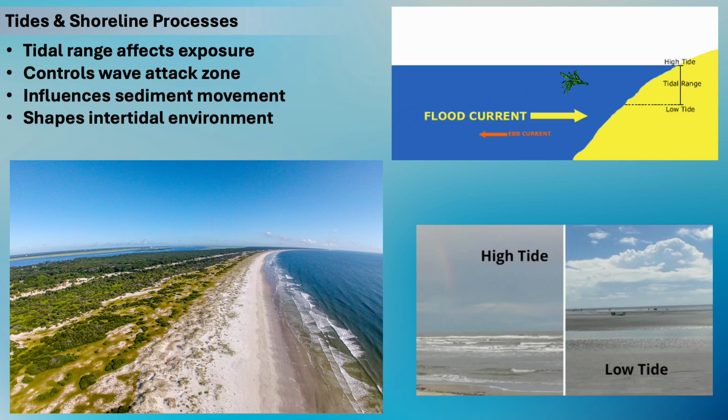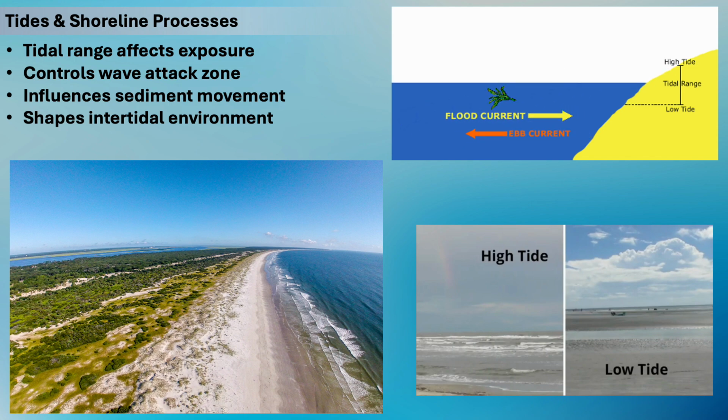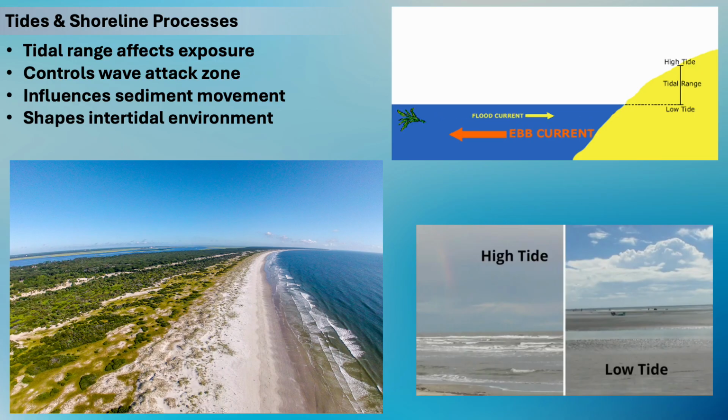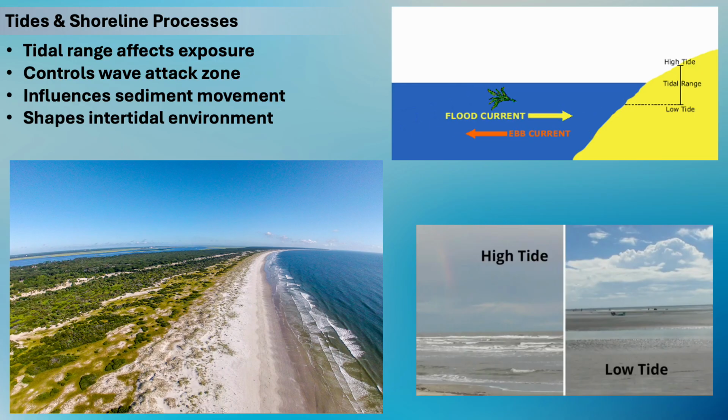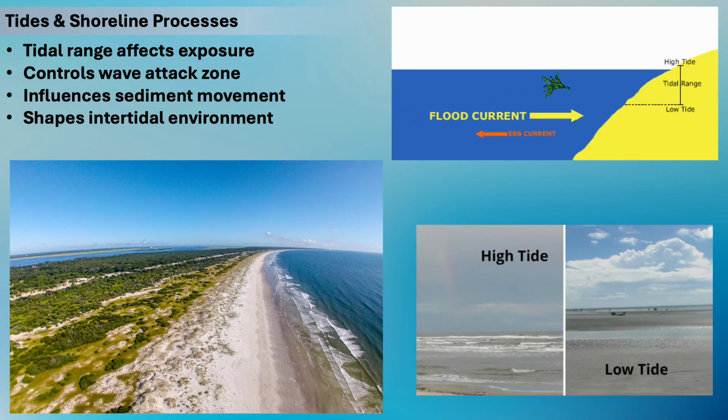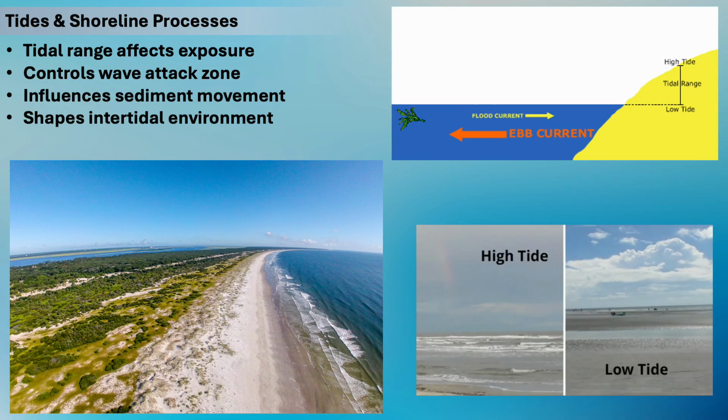The photograph on the right shows a beach at a high tide and at a low tide. A 3-meter vertical tide equates to more than 50 meters of horizontal space on the beach because their beaches are so flat.